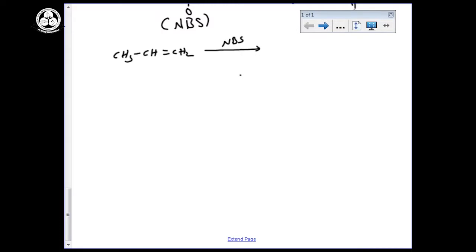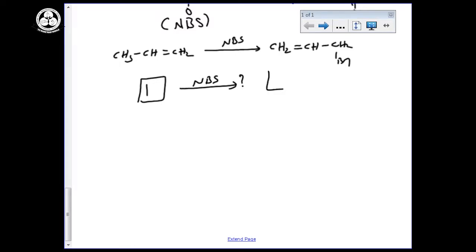Already I told you, only bromination. Now the answer is CH2 double bond CH, CH2Br. Suppose you are adding like this, and you use simply NBS. What is the answer?